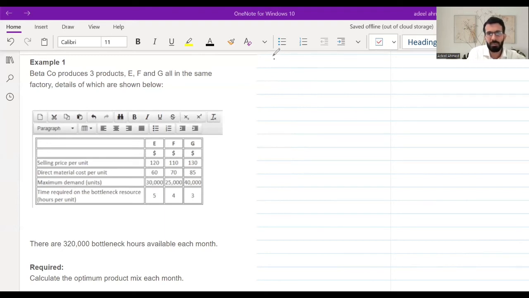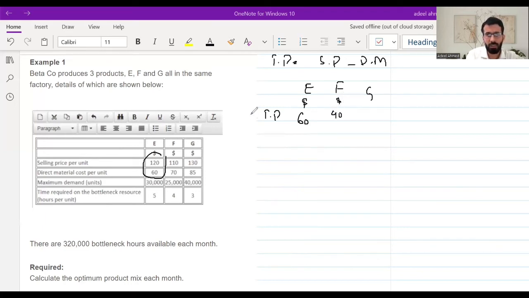Throughput is basically, as we discussed earlier, selling price minus direct material cost. So if I refer to these products, we have E, F, and G, each having a selling price and direct material cost. I will not write them again. The difference between these two would give us the throughput per unit of product E. Similarly, for F, we will have 40, which is, by the way, per unit.